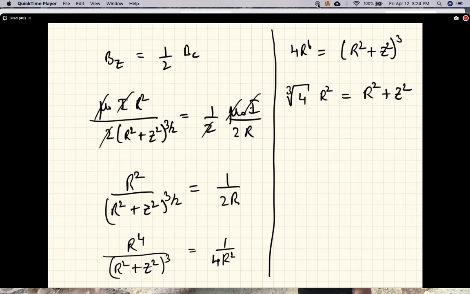And the cube root of 4 is 1.59, so 1.59 r squared. Okay, so z squared is 0.59 r squared. So z is about 0.77 times r.